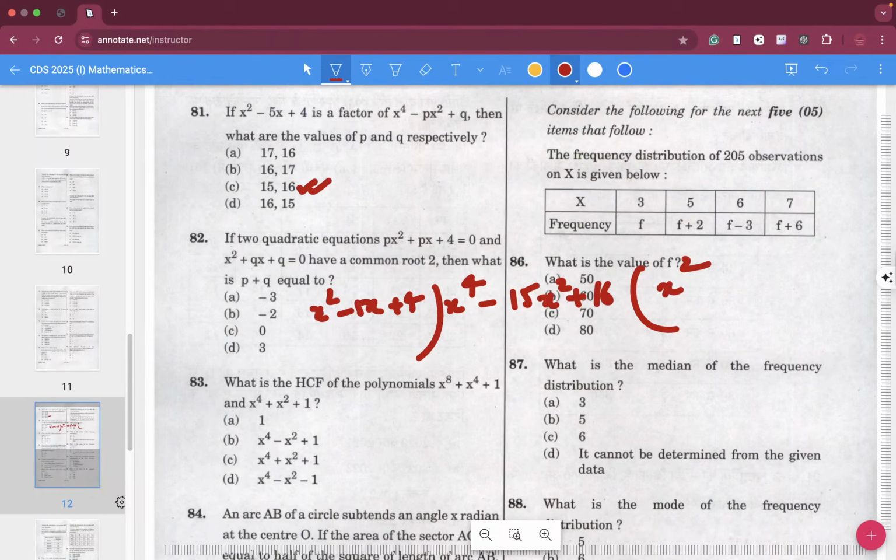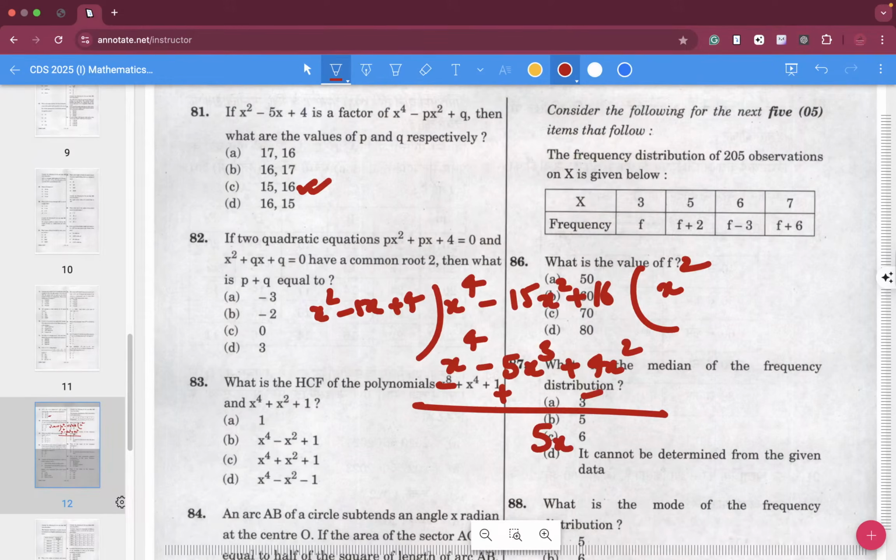Now if we do x square over here, this is x raised to the power 4 minus 5x cube plus 4x square. Then minus, plus, minus. What we get is 5x cube here and 5x cube there, so this one goes away.